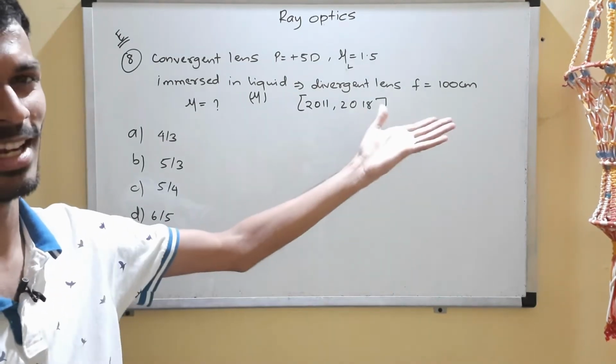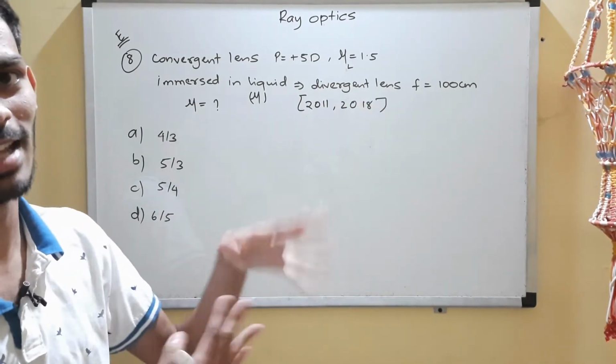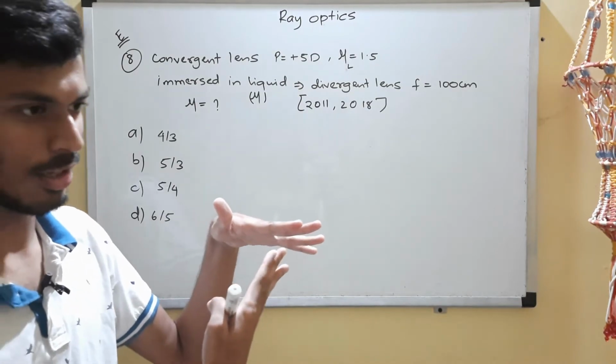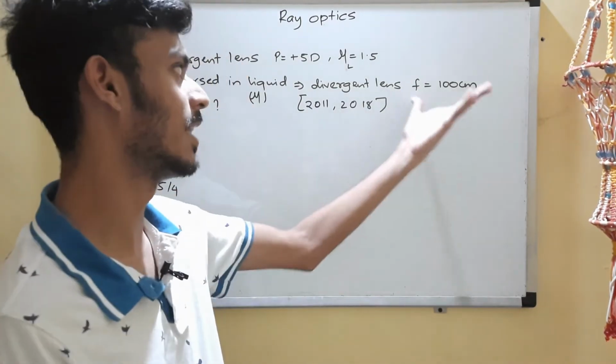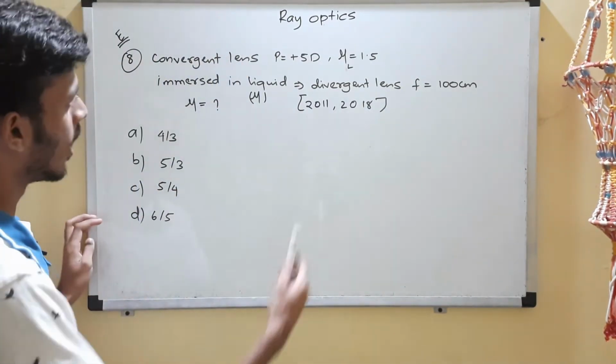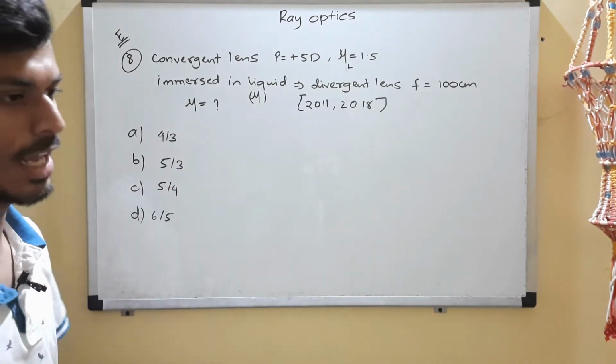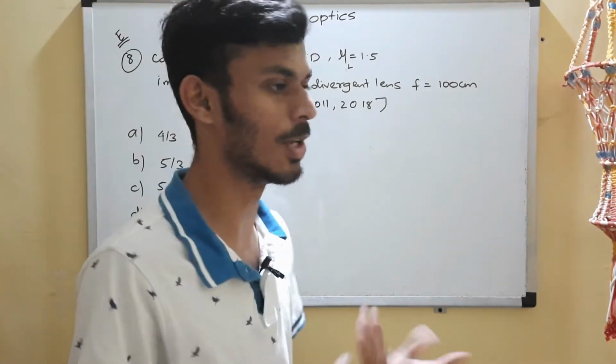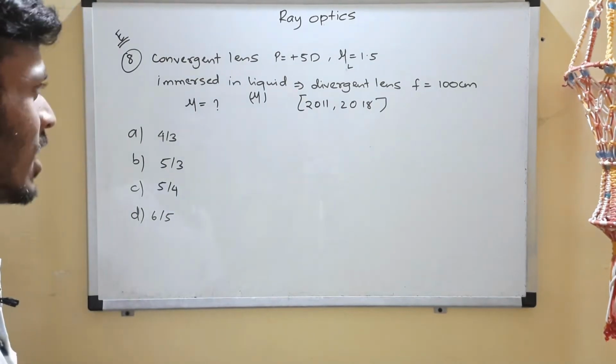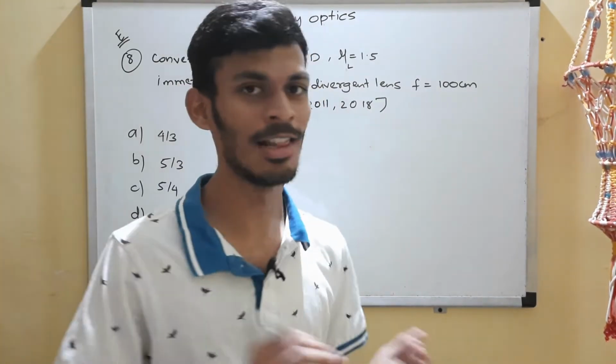Okay, or minus 100 to be precise, because it is divergent, right, like a concave lens. Okay, so it is minus 100. Okay, to be precise, you are supposed to tell what is the refractive index of the liquid in which you immersed it. Okay, so actually we can do this question merely by hack.